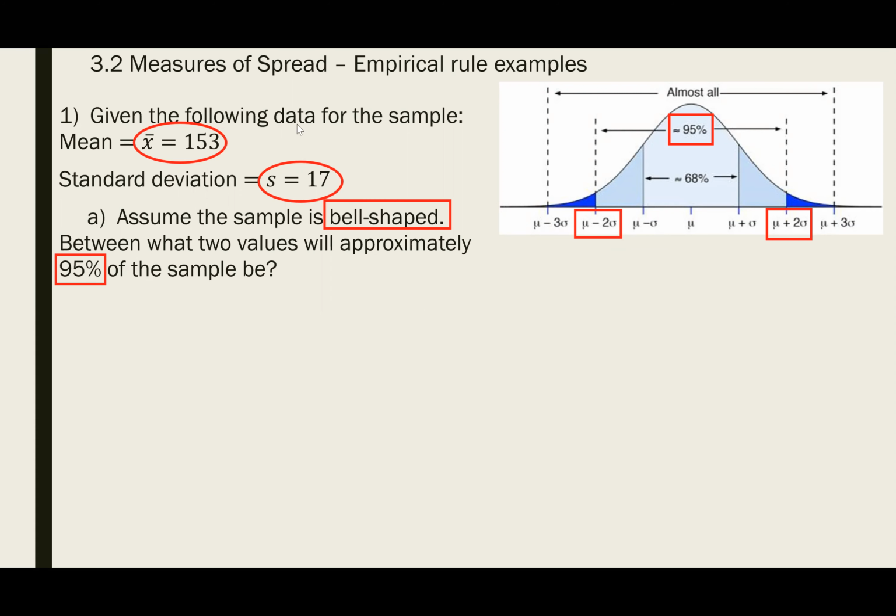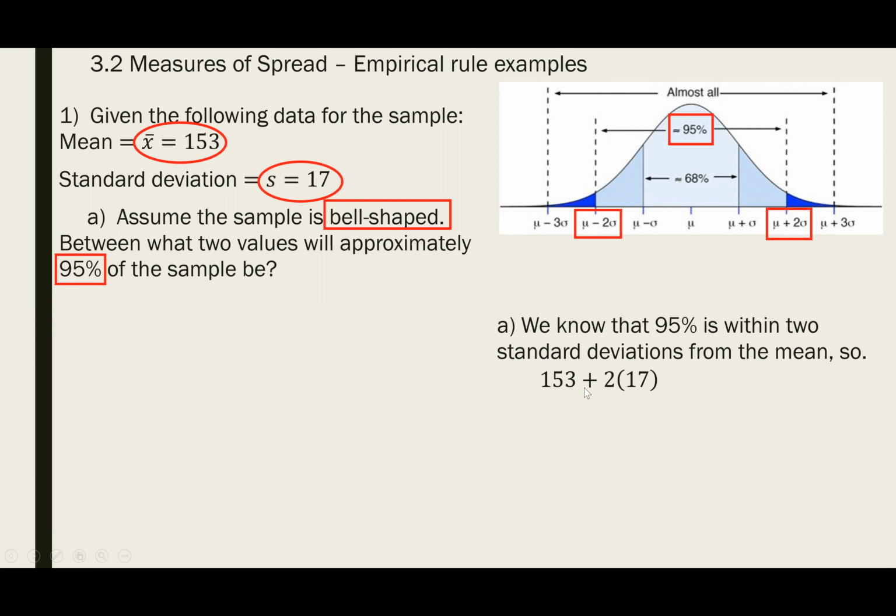If I plug it in, 2 times S, where my S is 17 and my X bar is 153: 2 times 17 gives me 34, so my upper limit is 187.